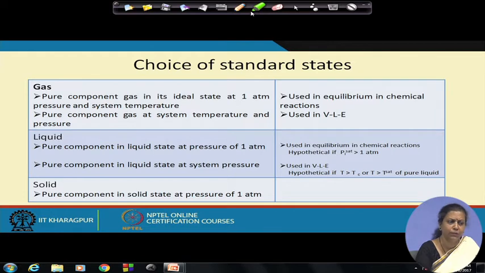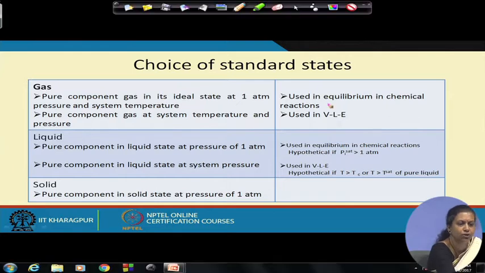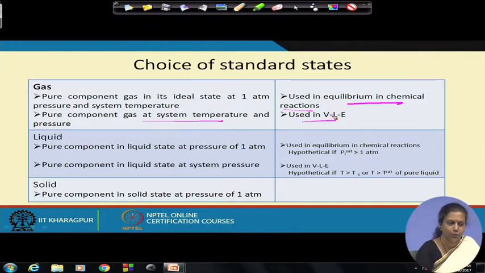The first standard state is usually used in chemical reactions, while the second standard state we will be using very frequently in vapor liquid equilibrium, because in this class we are going to deal mostly with vapor liquid equilibrium, not chemical equilibrium.